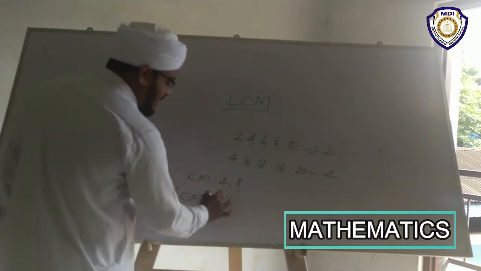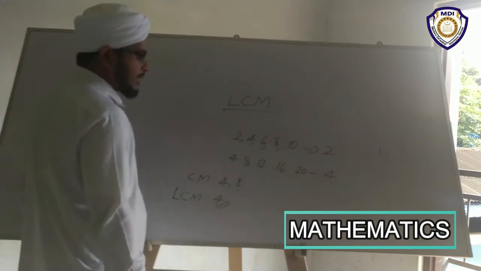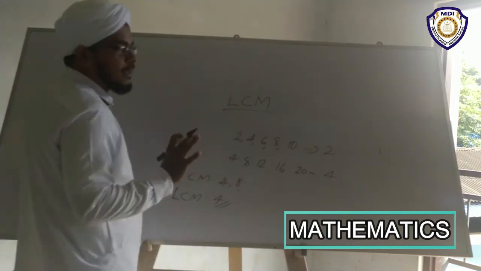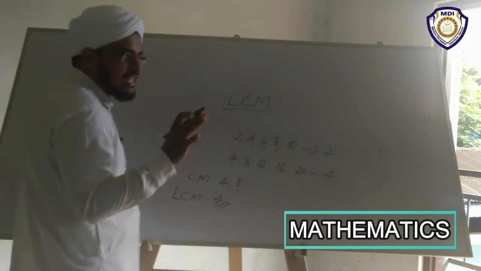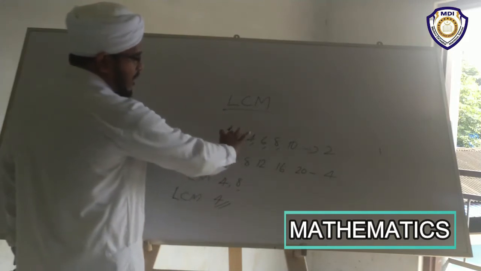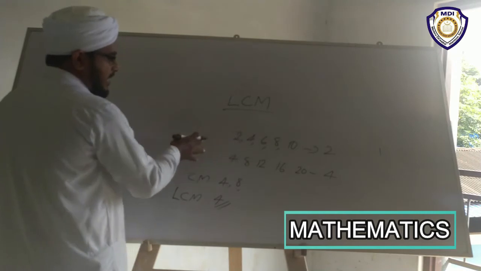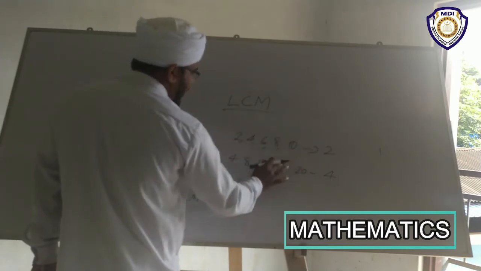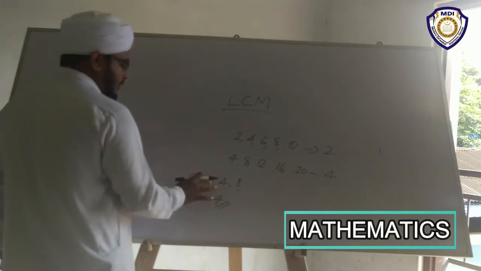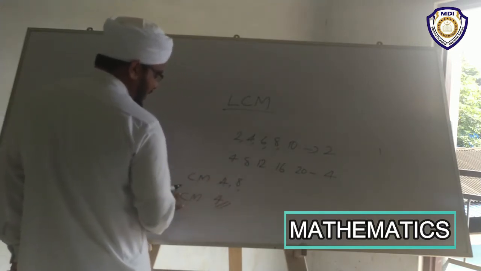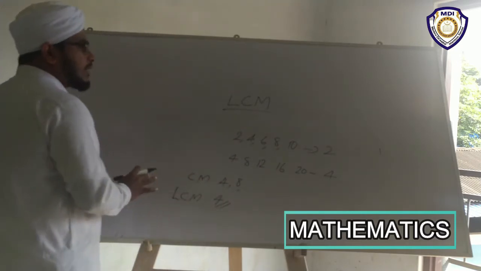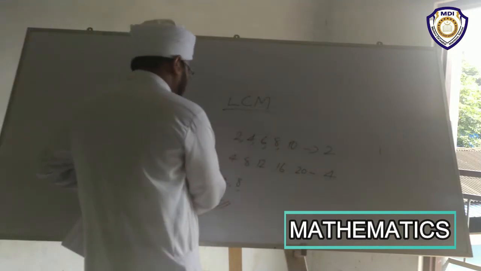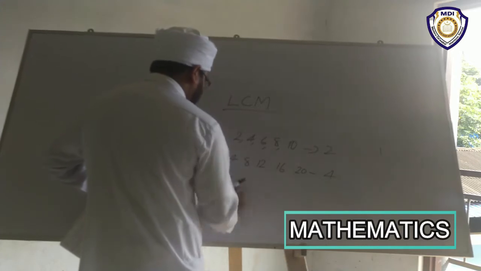Then 4 is the LCM. It is very easy to understand with this example. First we find the multiples, then we find the least common multiple, which is known as LCM.